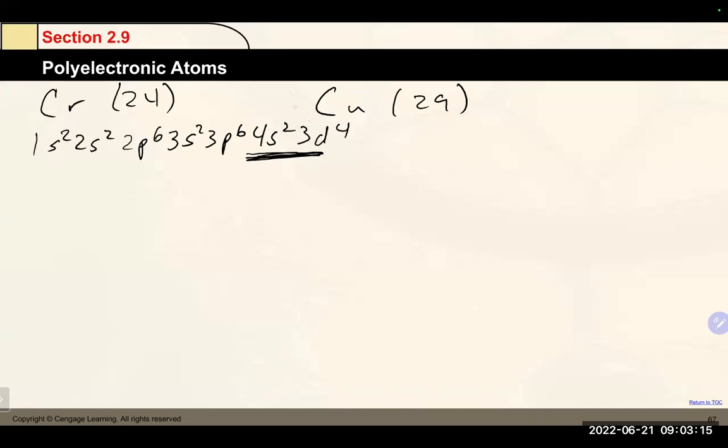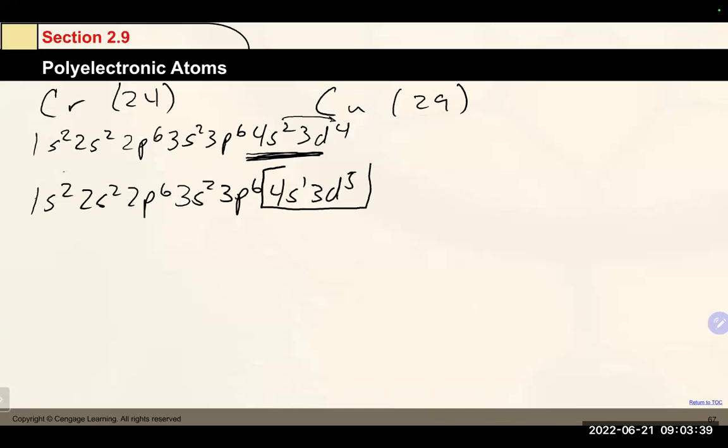It's been found experimentally to be more stable with one more electron up in the d orbital, one less electron in the s orbital. And that does give us a configuration of 1s2, 2s2, 2p6, 3s2, 3p6, 4s1, 3d5. So that is one major exception, an extra electron up in the d orbital rather than the s.